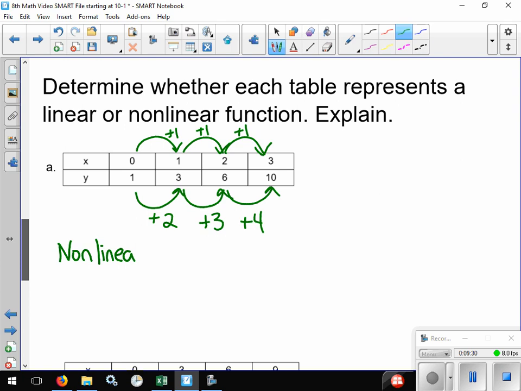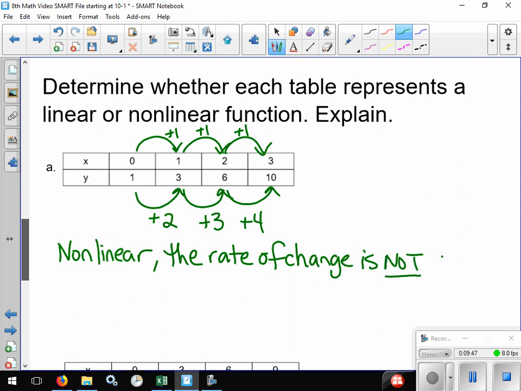If we were to graph this, you would find that it is nonlinear because the rate of change, those numbers that we found, is not constant. Yes, write this down. Okay? Let's try the next one.